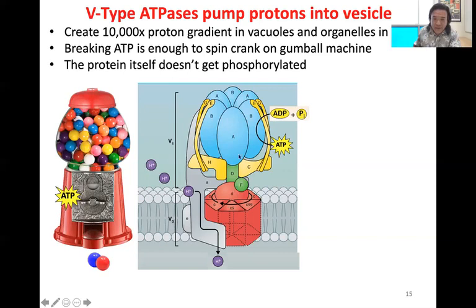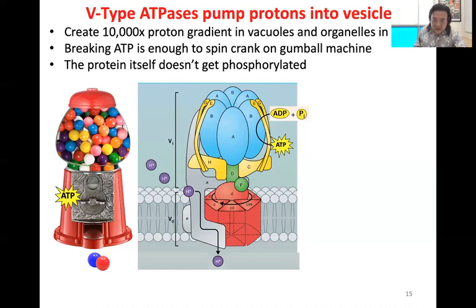The way this is designed, these different subunits work together so that the binding of ATP and the breaking of ATP into ADP causes the central rotation of this bottom part of protein subunits to spin and go around. Again, just because of the shape of the proteins changing so that they end up moving in one direction around and around. That is the mechanical movement that can then move these gumballs or these protons from one side of the membrane to the other.